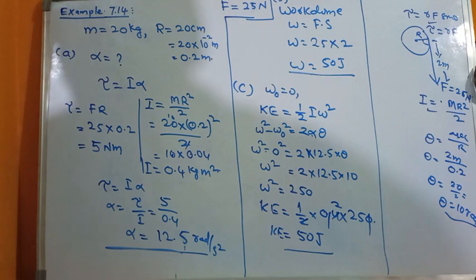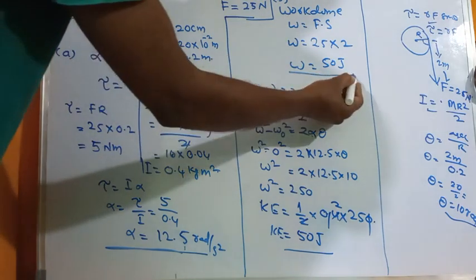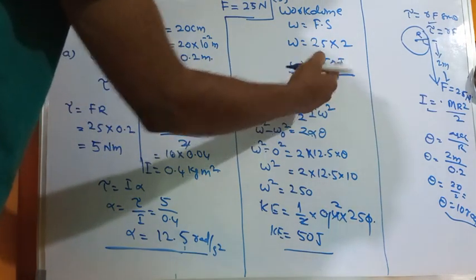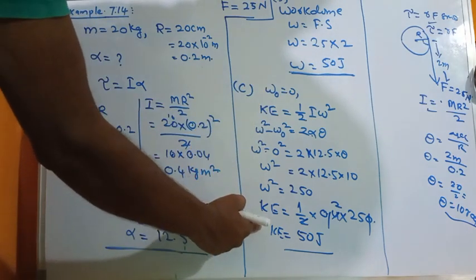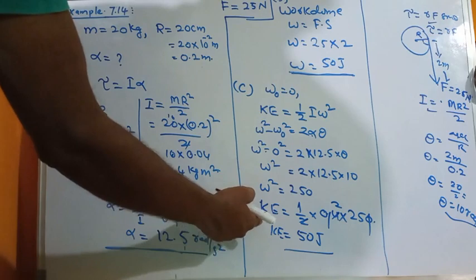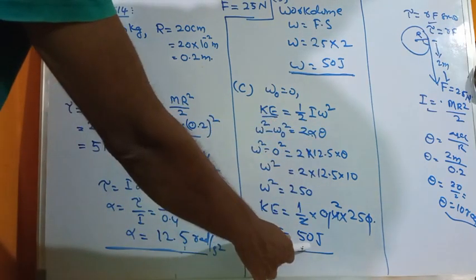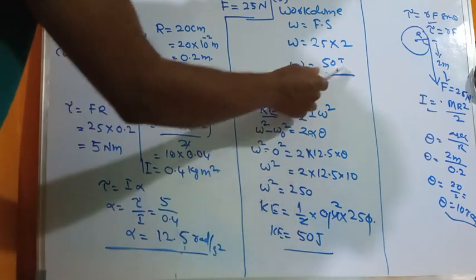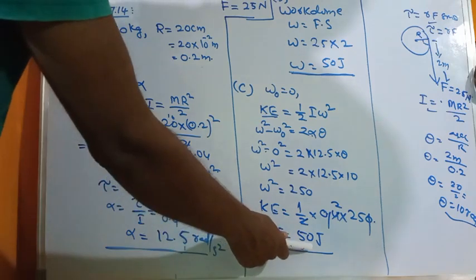Then compute the answers to parts B and C. For part B, this is the linear work done. The work done by the linear force is 50 joules, and by the angular acceleration and angular velocity, the kinetic energy we got is also 50 joules. According to the work energy principle, whatever work is done is equal to the change in kinetic energy.